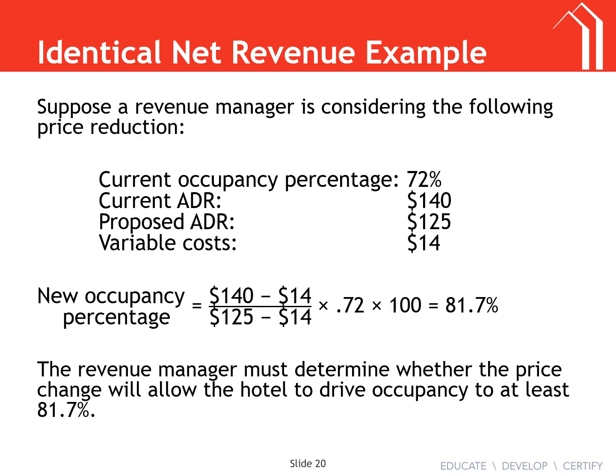Okay, and so of course that rate is going to change. But if we're looking at just keeping it the same, then I need to make sure that I can maintain an 81% occupancy to maintain that same level of revenue. If I don't achieve 81% occupancy, then I'm not going to have the same level of revenue as if I would have just kept my rate at 140 at the 72% occupancy. Okay?